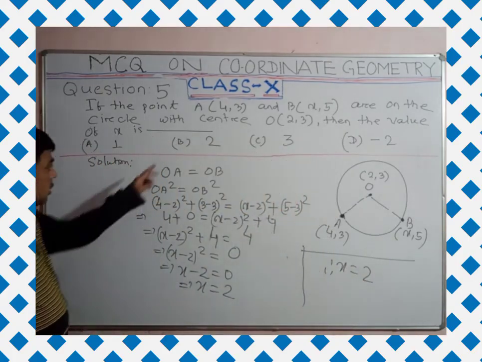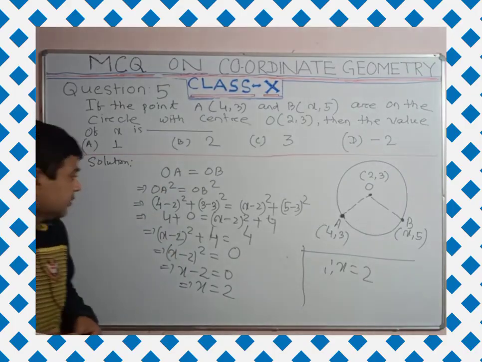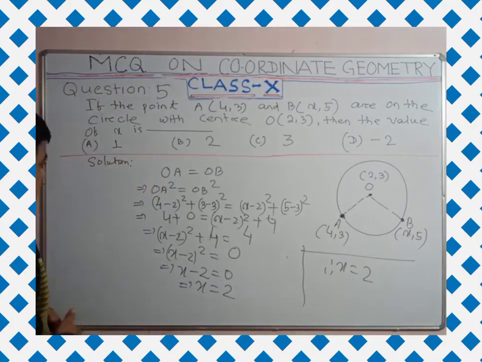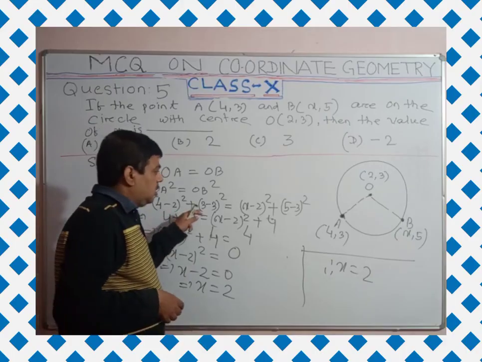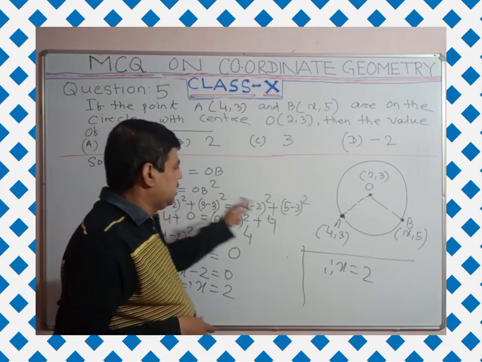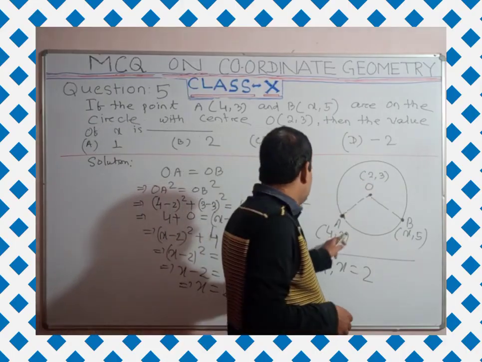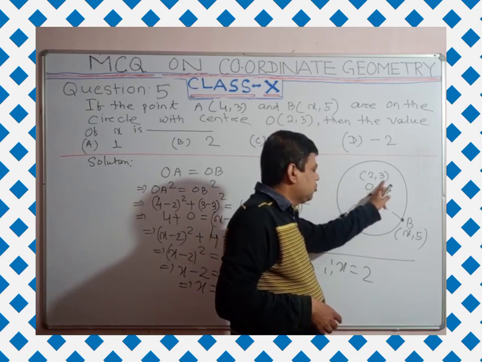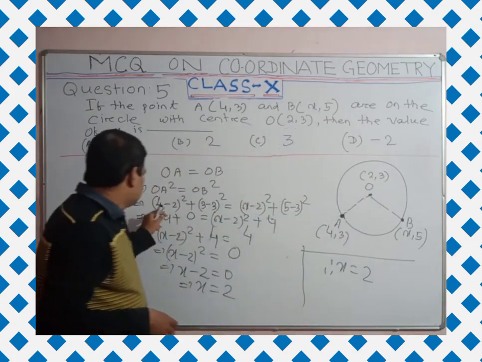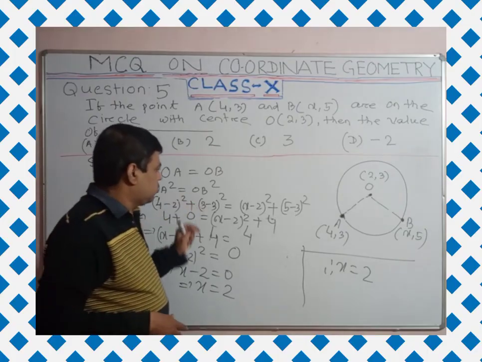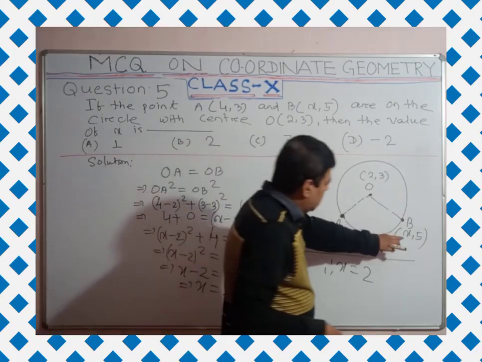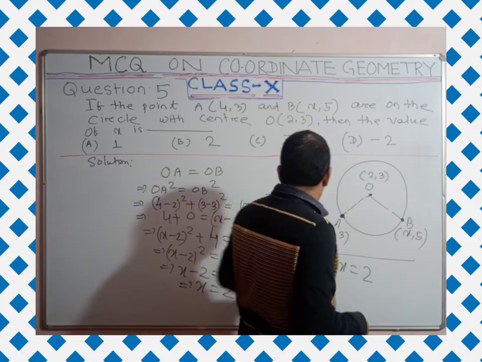So you see now, B is the correct option here. Understand? So here we made a mistake, students. The values of OA square means 4 minus 2, and here 3 minus 3 it should be. So 4 minus 2 whole square plus 3 minus 3 whole square, and here x minus 2 whole square plus 5 minus 3 whole square.